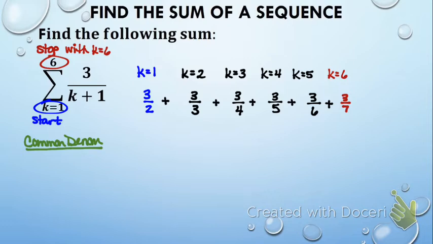So how can I find what that common denominator would have to be? Start multiplying stuff. Absolutely. What types of things do I need to make sure to include? Denominators. 7, 6, and 5 for sure. Three is a factor of 6, so I don't need to include the 3 because it's included here.